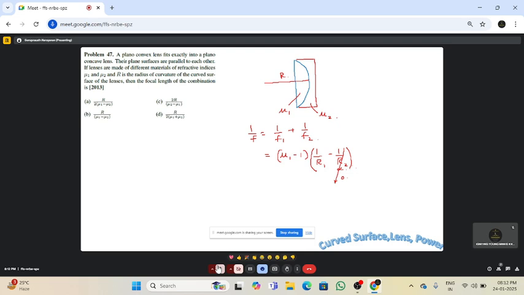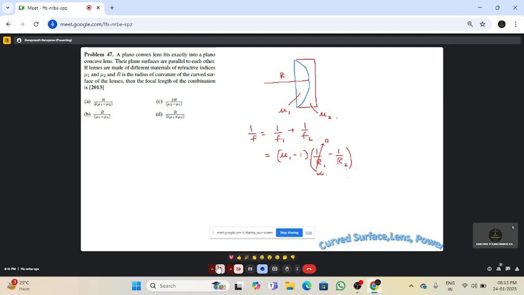Actually I should have done it on this side. This is the first surface, so this is infinity. Let me correct that. So R1 is the first surface, so this is infinity, and 1 by infinity will become 0.